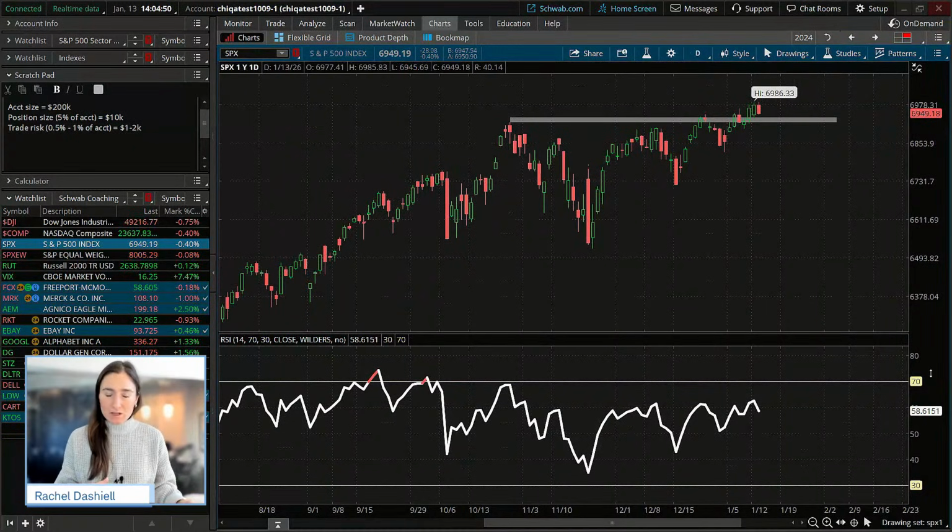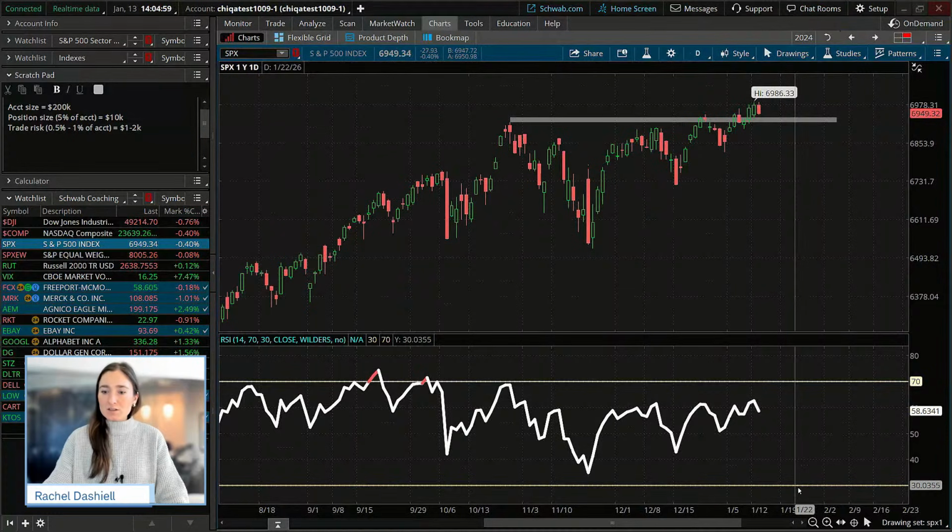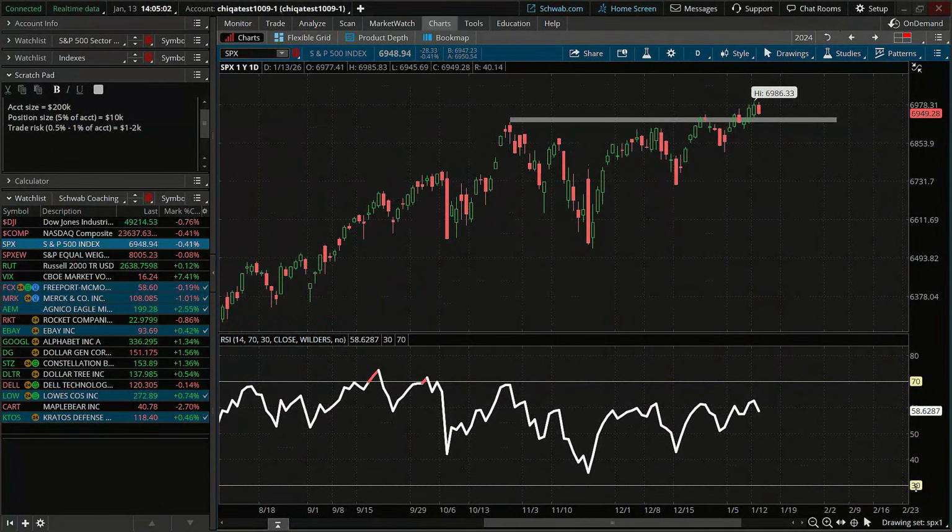Now, on the other side of things, if you start to see a lot of down closes in that short period of time over that 14-day period, you may start to see that that indicator may near the lows of this indicator here around 30, which would be an oversold signal in the RSI. So overbought does not mean sell.